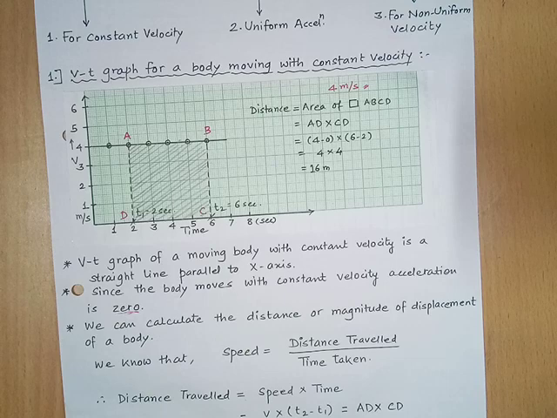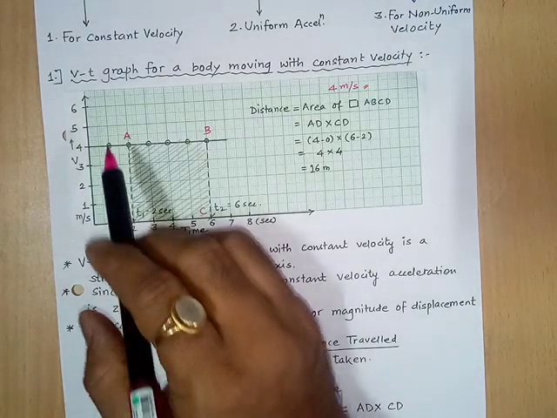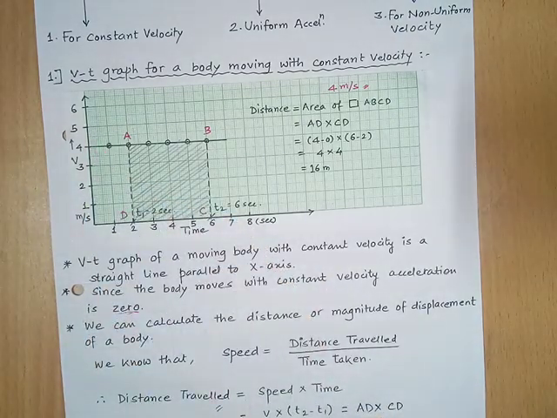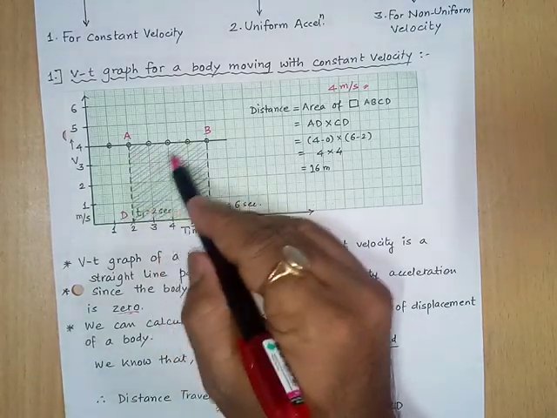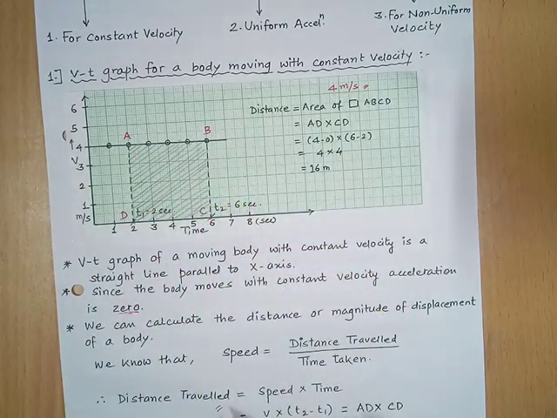So what we can conclude is that when an object is performing motion with a constant velocity and we have plotted the graph of velocity and time, the area enclosed by this square or rectangle ABCD, in this case a square, which I have shown with this shaded portion, gives us the distance traveled.